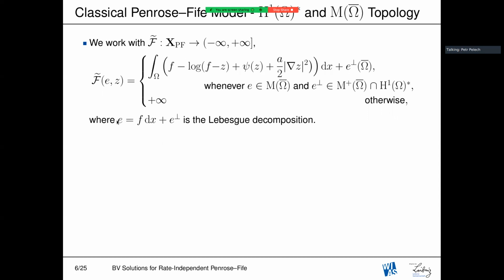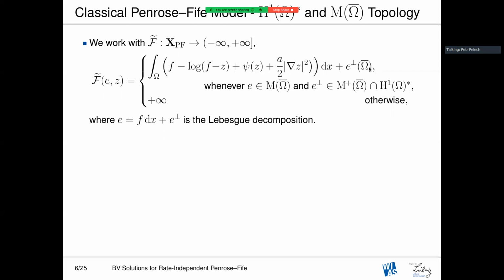We decompose E, because it's also a measure, using the Lebesgue decomposition. So F stands for the absolutely continuous part, and E perpendicular for the singular part. And here in the old formula, we plug in only the absolutely continuous part, and here comes the singular part.